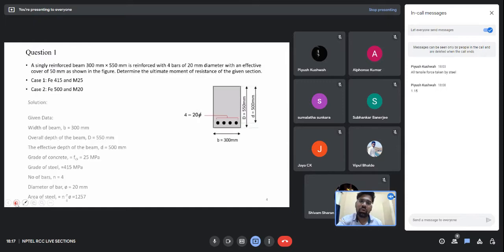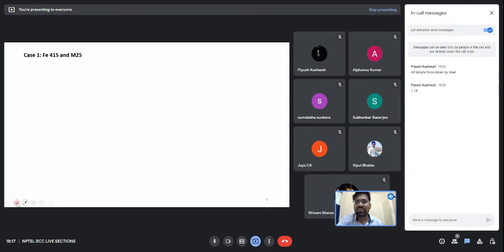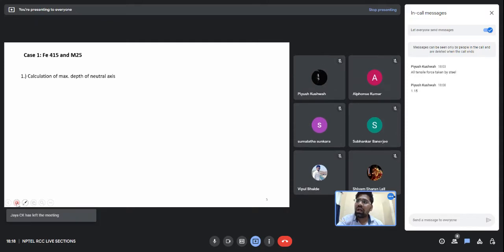So the problem statement is to calculate the ultimate moment of resistance. How will we proceed? First, case one is Fe415 and M25. So first we need to calculate the maximum depth of neutral axis. How can we calculate that? Can any one of you tell me? Come on, I have already told you we have two equations from two profiles. The first is the strain profile, the second is the stress profile.